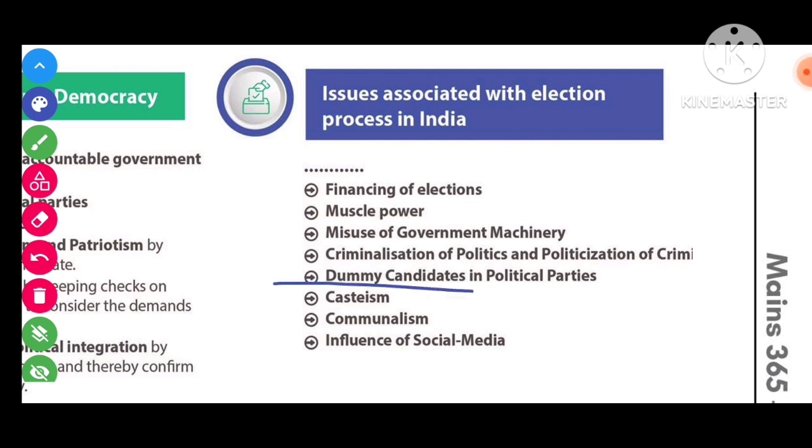Also dummy candidates in political parties, casteism, communalism, and influence of social media.